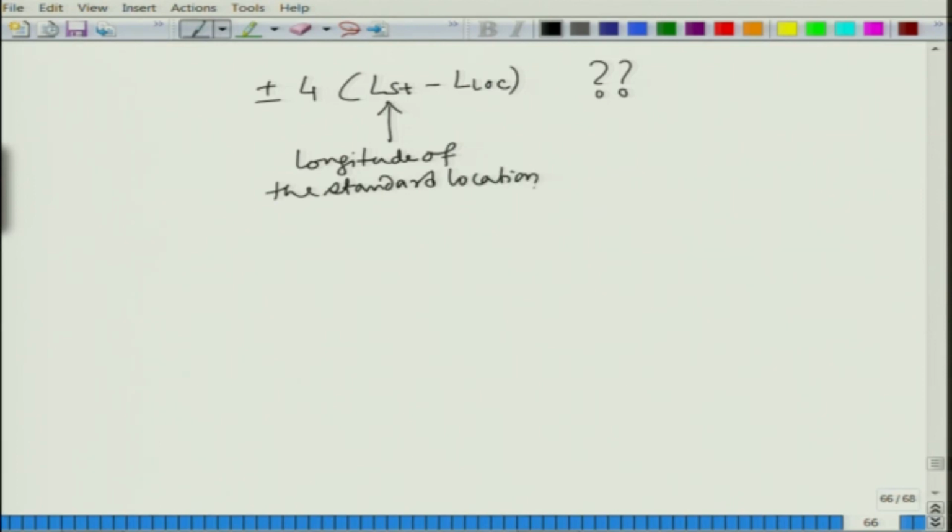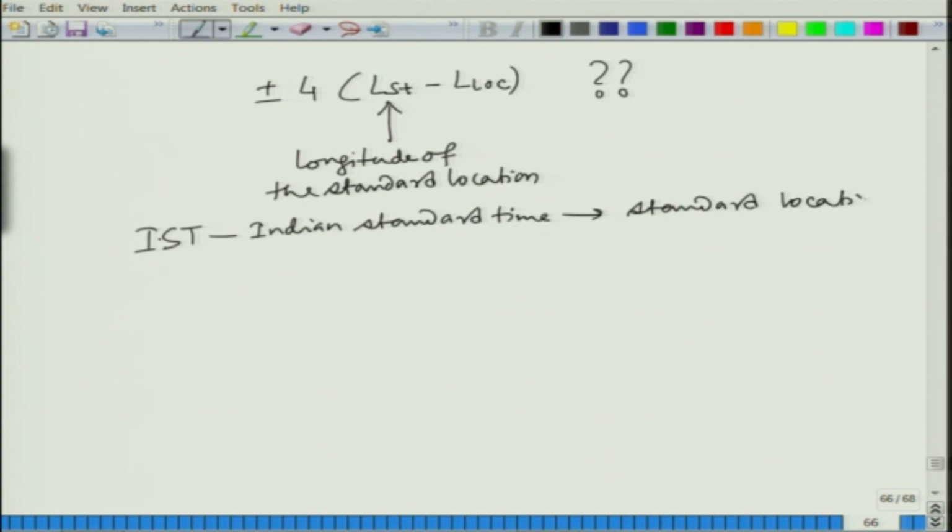So, for India, for Indian Standard Time, we have fixed the standard location to be Prayagraj or Allahabad.